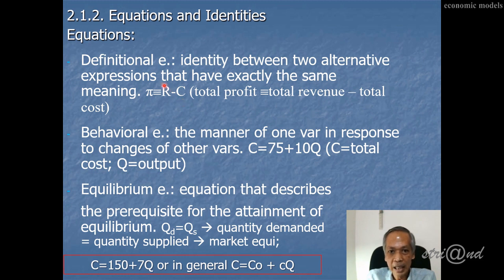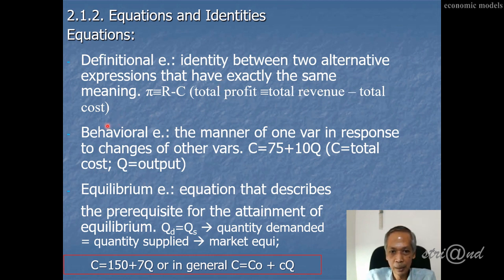If revenue increases by 1, the profit will also increase exactly by 1. And if the cost here increases by 1, because the sign here is minus, the profit will decrease exactly by 1 unit. So it is only a definition that total profit is revenue minus cost.